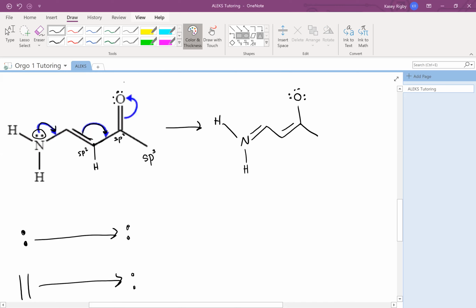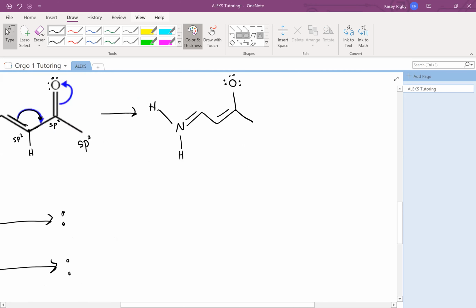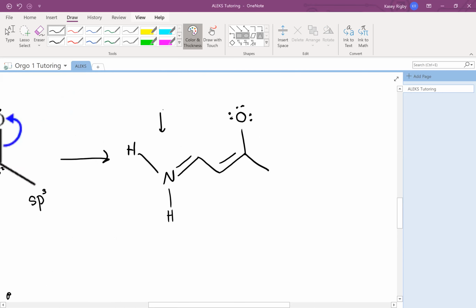Okay? So let's check and make sure that the octet rule is filled and okay for every single one of these. This nitrogen, it has 2, 4, 6, 8. That's good. This carbon has 2, 4, 6. We think it's missing one, but then we remember there's a hidden hydrogen right there, 8. So that one's good.